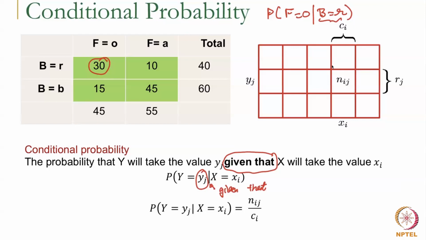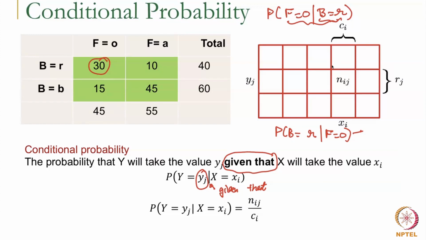Once again, we could ask: what is the probability that the basket is red, given that the fruit was an orange? This is an inverse question to what I was asking before. That was the probability that the fruit is an orange, given that the basket was red. But here something opposite is given to you. You are told that you picked up an orange fruit. Now, how likely is it that the basket you picked was red?